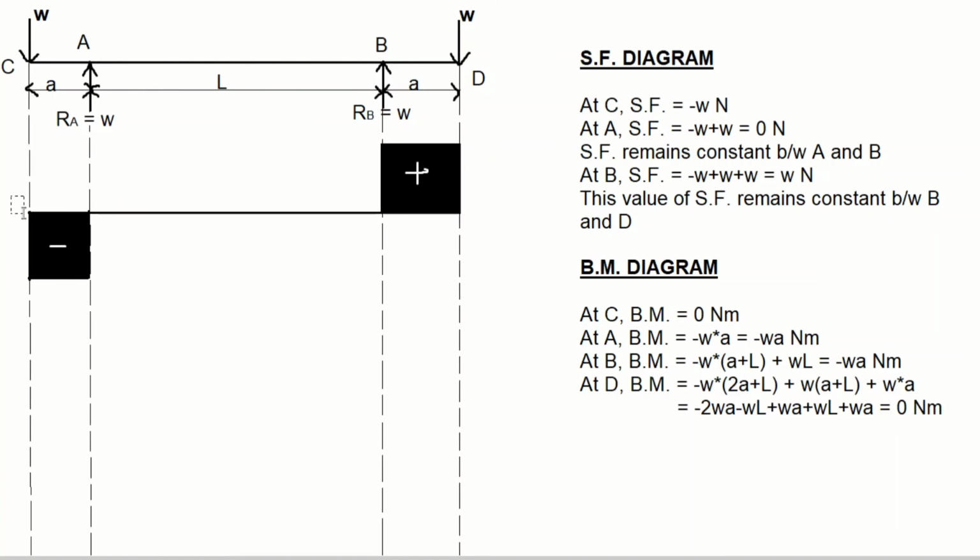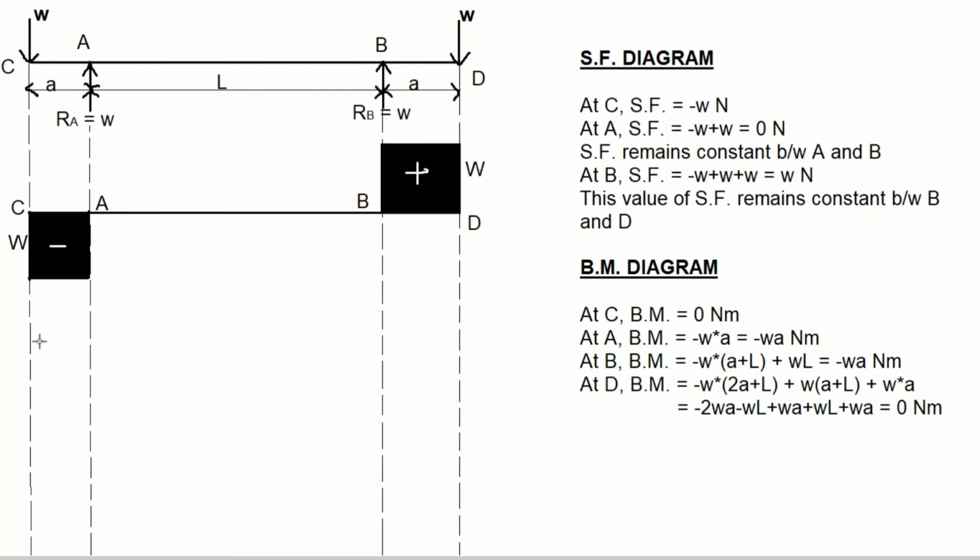So, this is C, this is A, this point is B, and this is D. And this is W Newton, this is also W Newton. So, this is the shear force diagram.